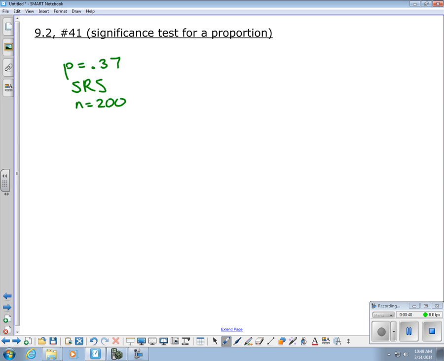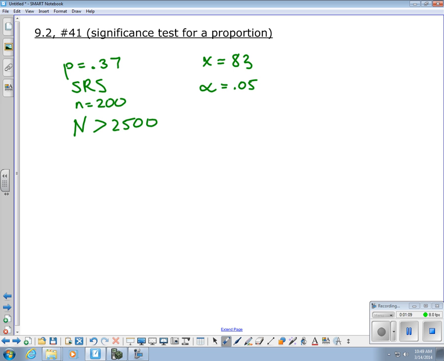The 2,500 was telling us that there are more than that many students at the school altogether. That's our population size, capital N, and we just know that it's more than 2,500, somewhere around that. We know that our number of successes, the people who are now satisfied, X, is 83, and we're doing a test at the significance level of 5%.